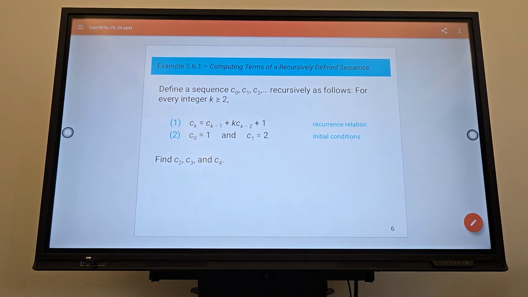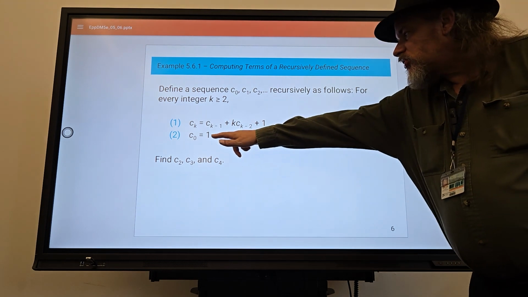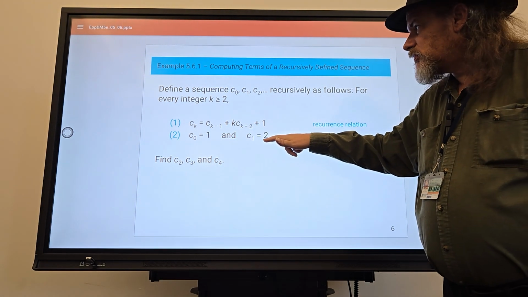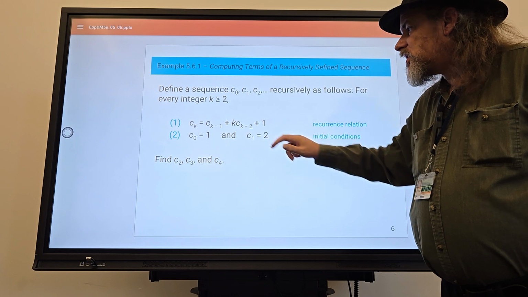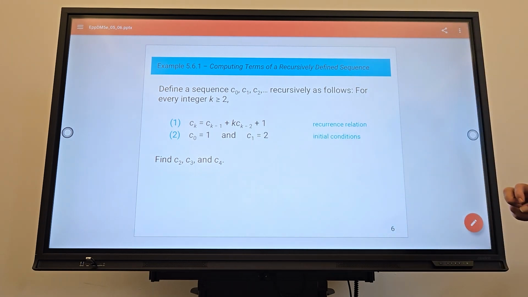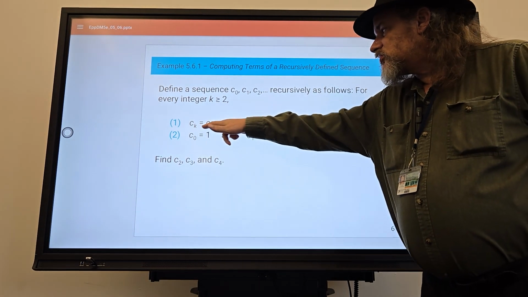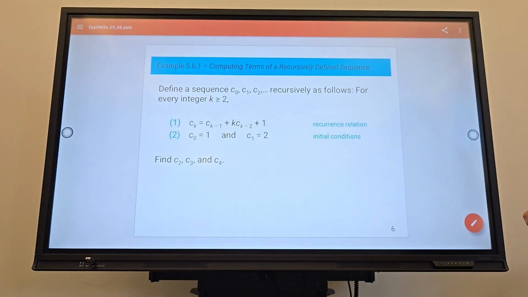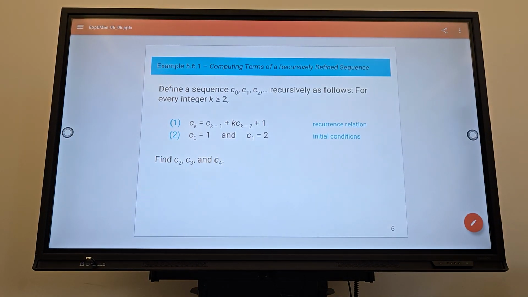It would refer to numbers outside the sequence. So you have to define the first two elements of the sequence, and then after that, the recurrence relation determines the value of each element based on the previous elements.